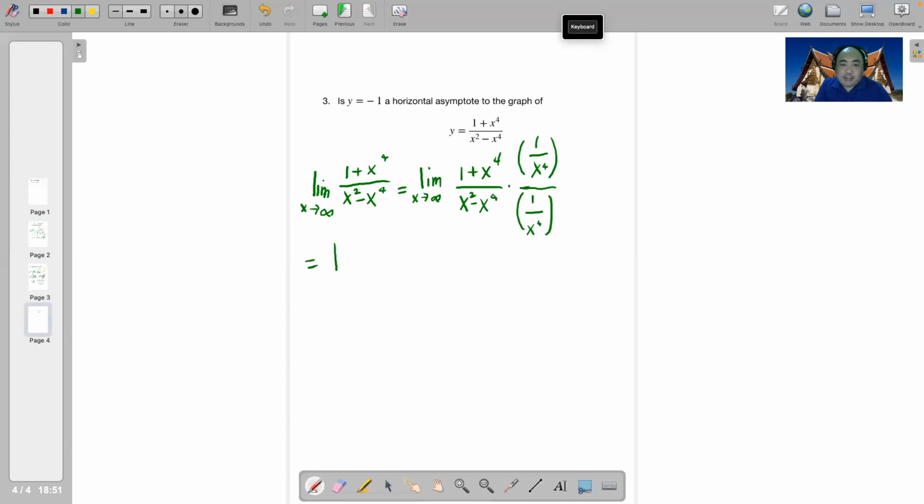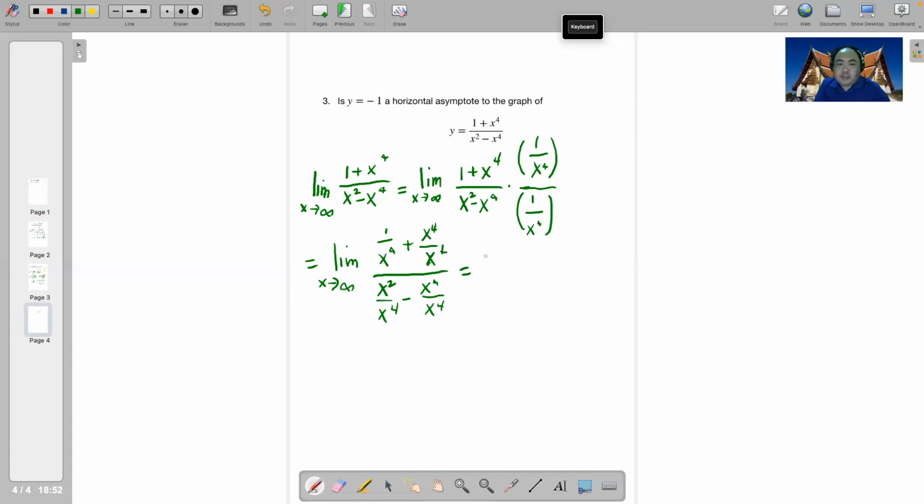This gives us the limit of 1 over x to the fourth plus x to the fourth over x to the fourth, divided by x squared over x to the fourth minus x to the fourth all over x to the fourth, as x approaches positive infinity.